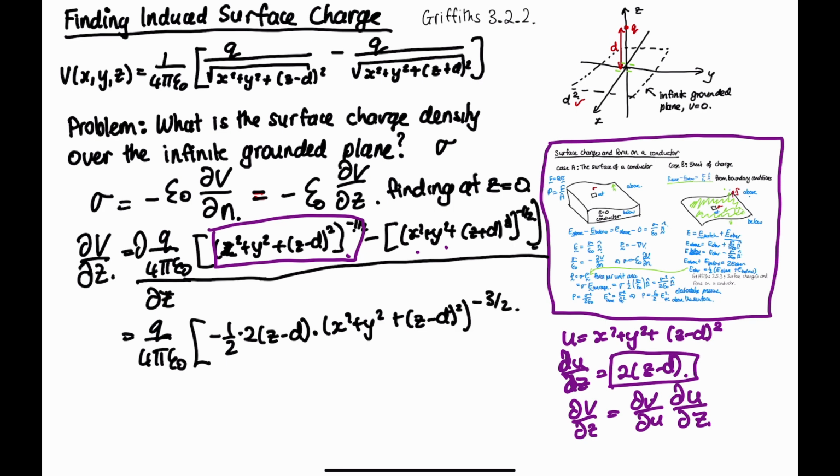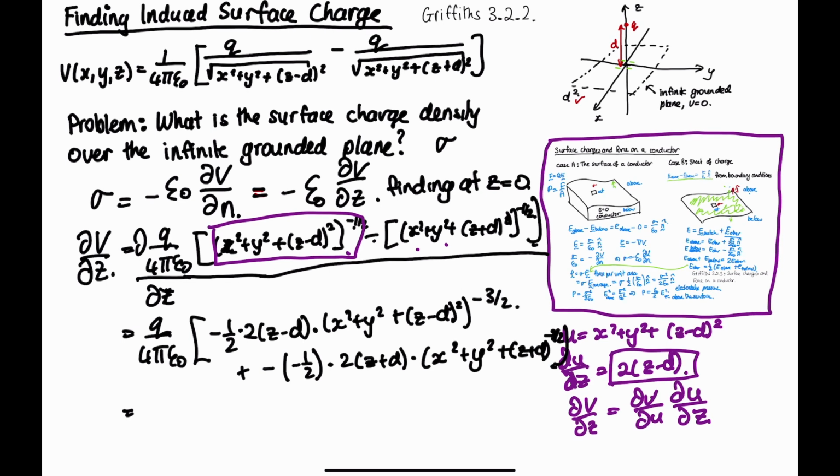And then I'm going to have to do the same thing to the next term, but I've got a negative out the front, and then I'll be timesing it by the minus 1/2. And then the factor in this case will be 2(z plus d), and then times x squared plus y squared plus (z plus d) squared to the minus 3 on 2.